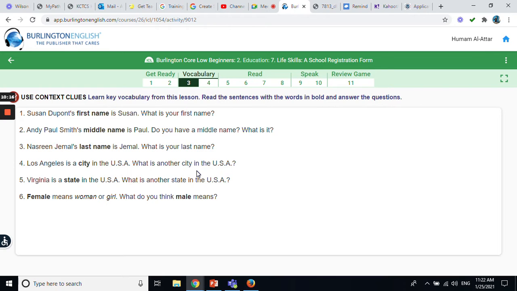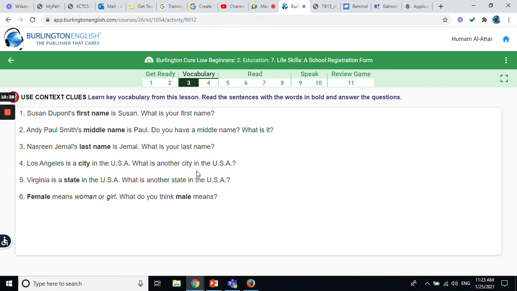What about the city that you live in? Where do you live? There you go. Bowling Green. Bowling Green is another city in the United States of America.